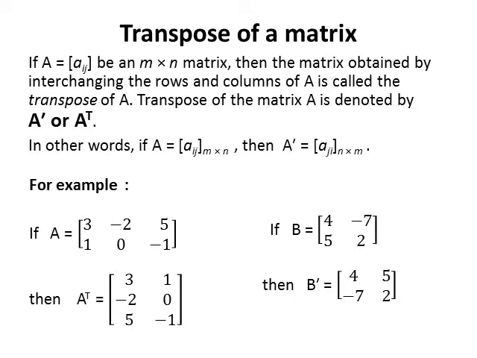As you can see, elements of first row of matrix B becomes the elements of first column of transpose matrix of B, and elements of second row of matrix B becomes elements of second column of transpose of matrix B. In general, while writing transpose of a given matrix, rows of given matrix becomes columns of transpose of matrix, and columns of given matrix becomes rows of transpose of the matrix.